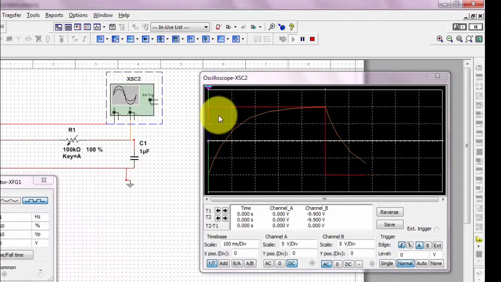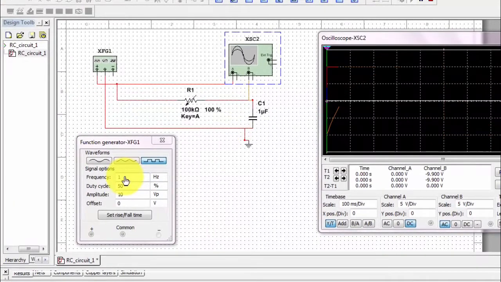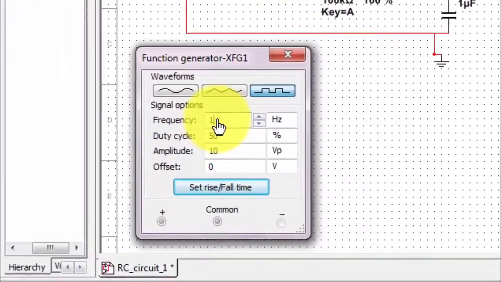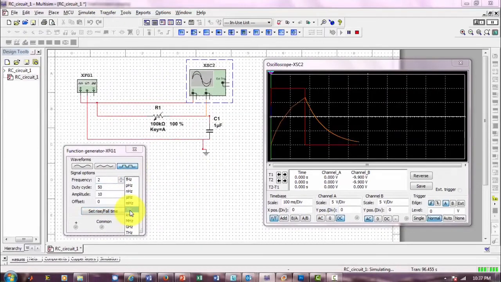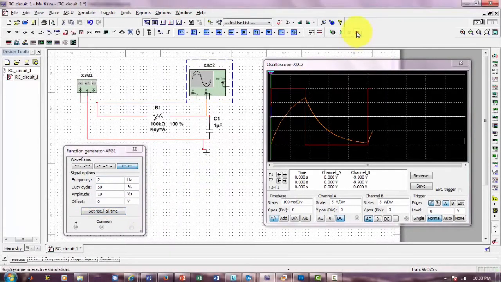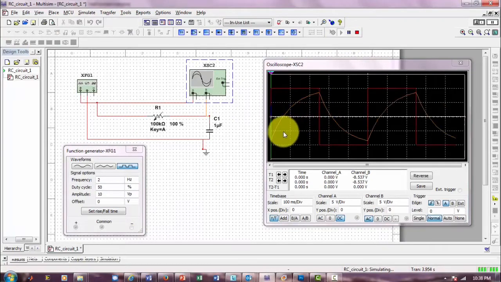Now we can decrease the time to charge by changing the frequency. We can basically double the frequency, which means the period is less, and so the capacitor won't charge fully. If I increase to 2 hertz, and stop and start this program again, you could see that it didn't get to the 10 volts or the minus 10 volts.